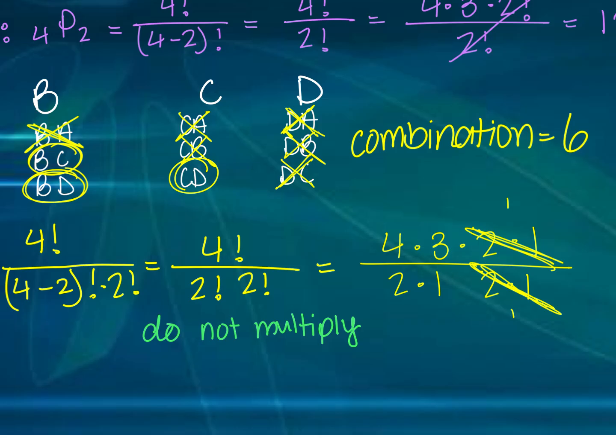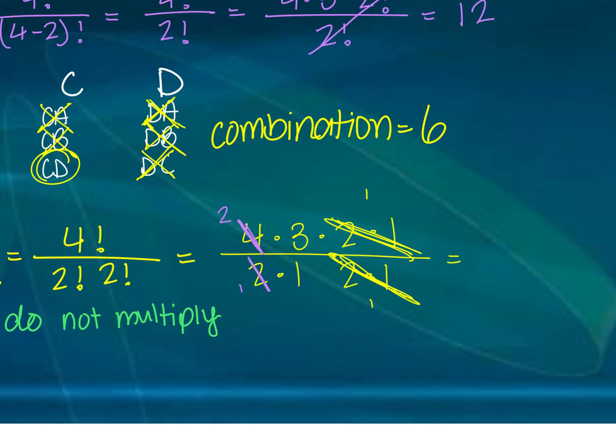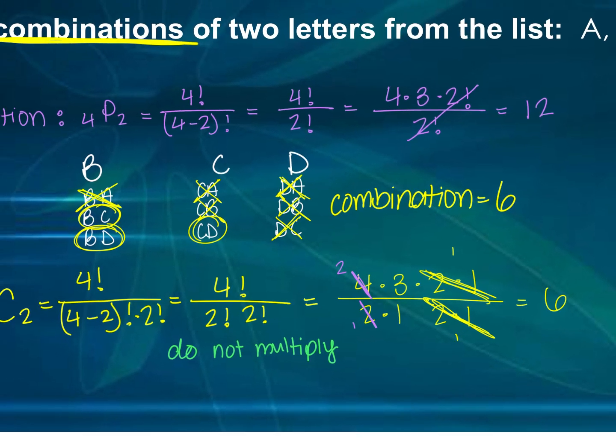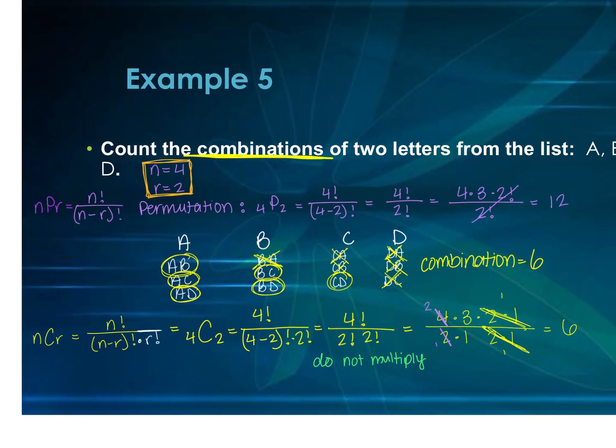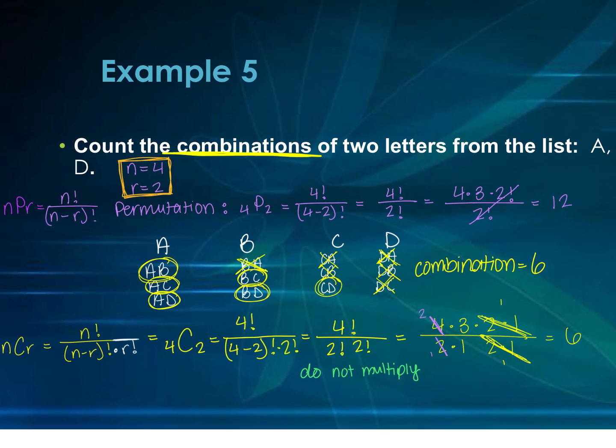Now looking at it, can I simplify anything here? Yes, I can. I can simplify 2 and a 4. 2 goes into 2 once. 2 goes into 4 2 times. And now I'm going to get my answer. My answer is going to be 3 times 2, which is going to give me a 6. Okay, so that is how you're using combination.